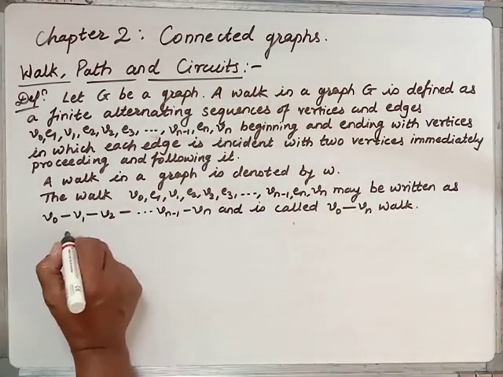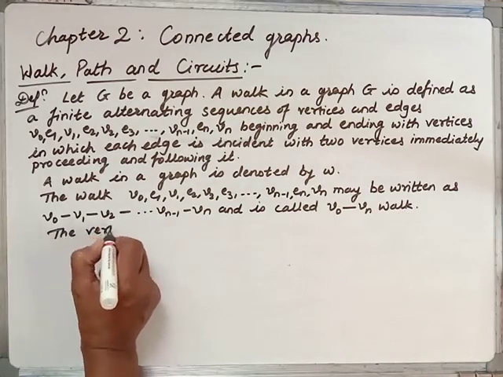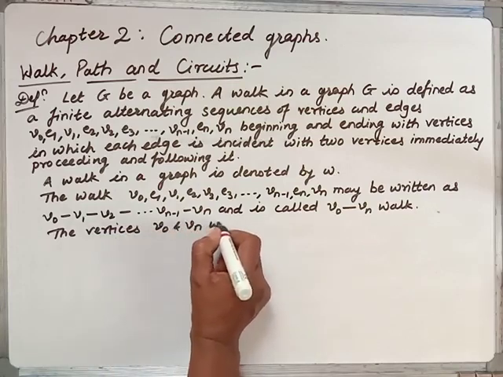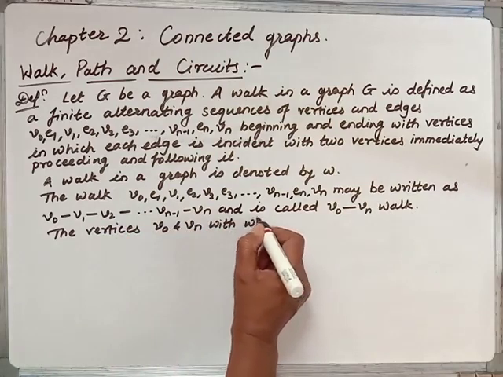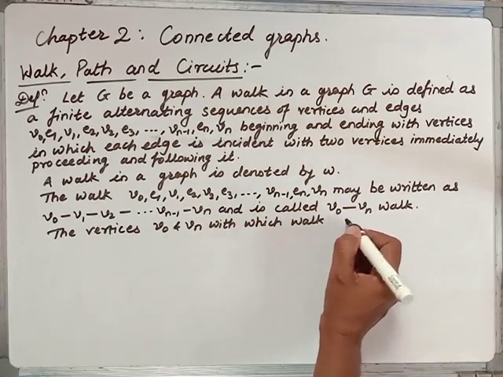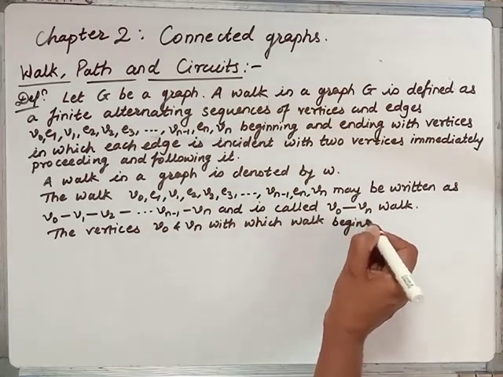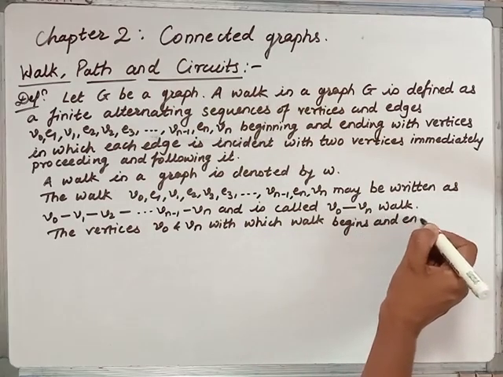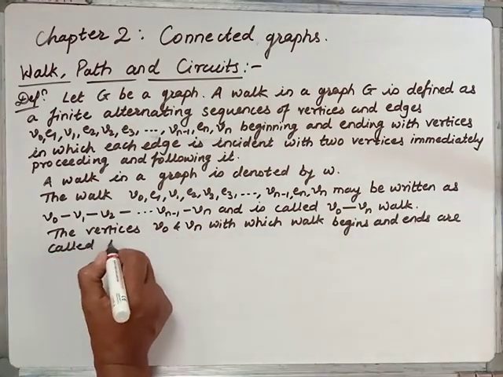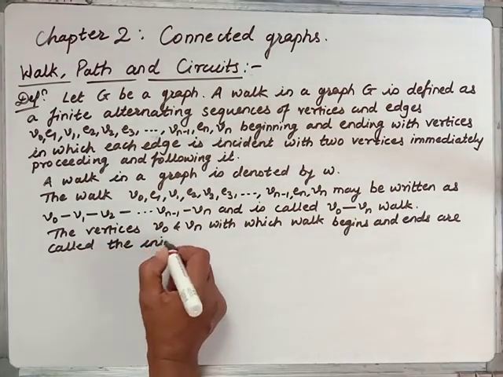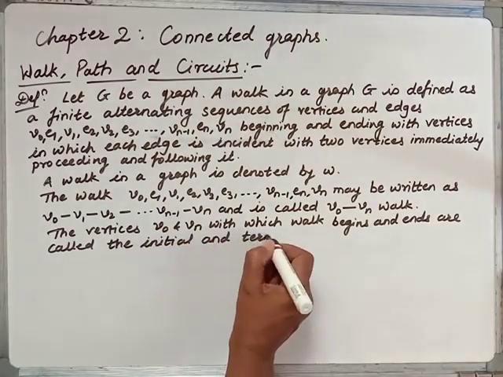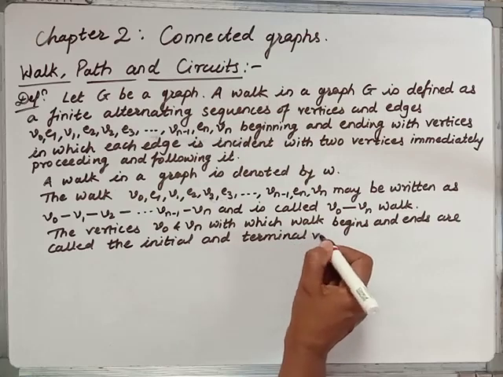The vertices V0 and Vn, with which the walk begins and ends, are called the initial and terminal vertices.